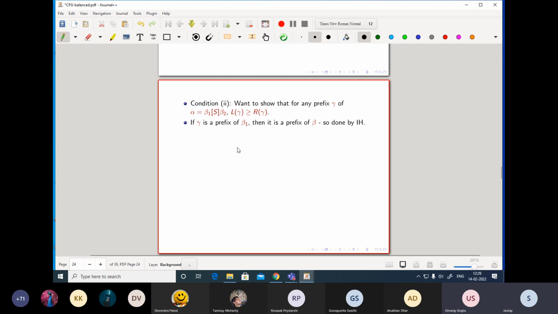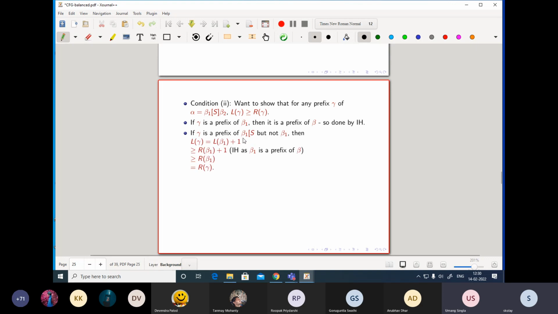So gamma can be of three forms basically, depending on whether it's a prefix of beta 1, or beta 1 up to S, or of the entire alpha. So firstly, if gamma is a prefix of beta 1, then it will be a prefix of beta as well, and therefore condition 2 will hold because condition 2 holds for beta.